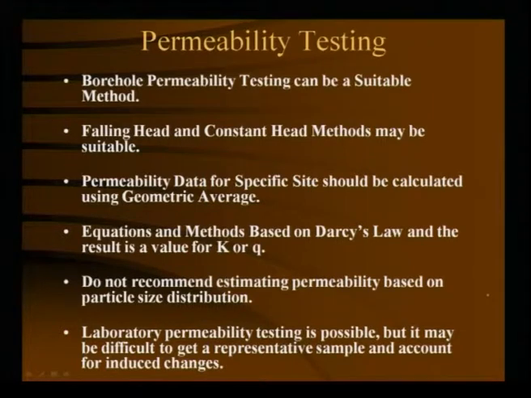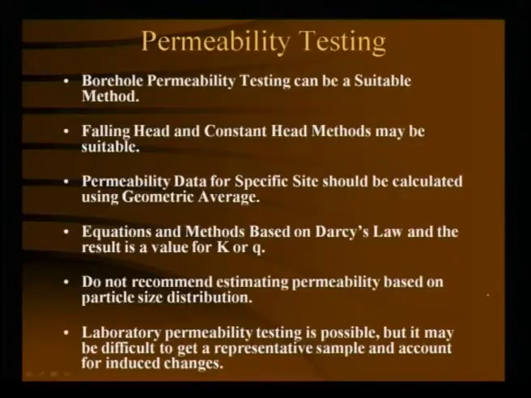So, the best is to go for borehole permeability testing in the field in situ condition, then record it at 3-4 places on that site and take the average. This geometric average value of K has to be reported as the final value of the coefficient of permeability of the soil.